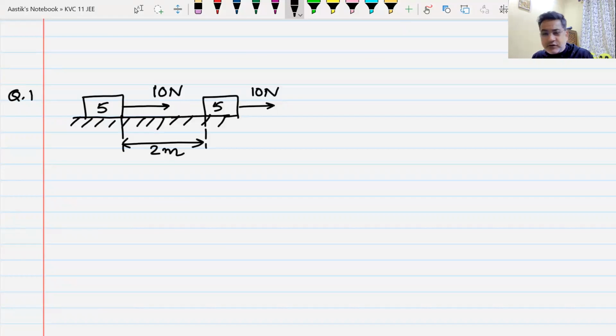You have a 5 kg block that is moved on a smooth floor by a 10 Newton force for a distance of 2 meters. What are the forces working on this body? How many forces are working on this body?